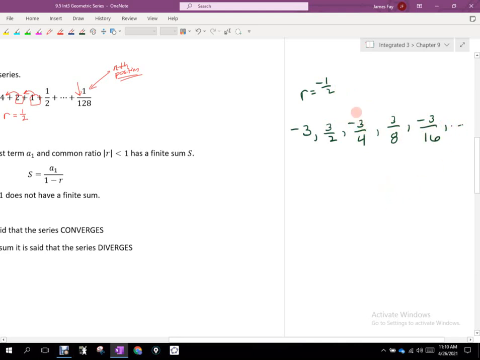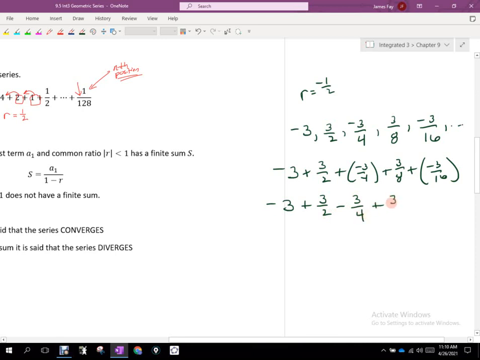So if that's the sequence when r is negative, then the series will be -3 plus 3/2 plus -3/4 plus 3/8 plus -3/16. And if I have a plus a minus, isn't adding a negative the same thing as subtraction?